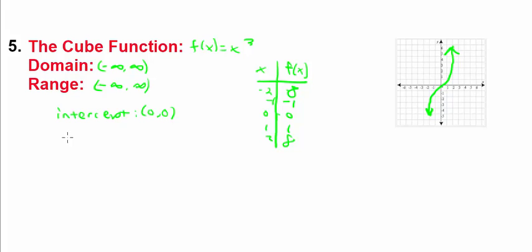We know that it's increasing for the entire function. It's actually increasing from -infinity to +infinity. Finally, we know one more thing about this function, and that is the fact that it is an odd function. So it is symmetric, but it's symmetric with respect to the origin. Excellent.